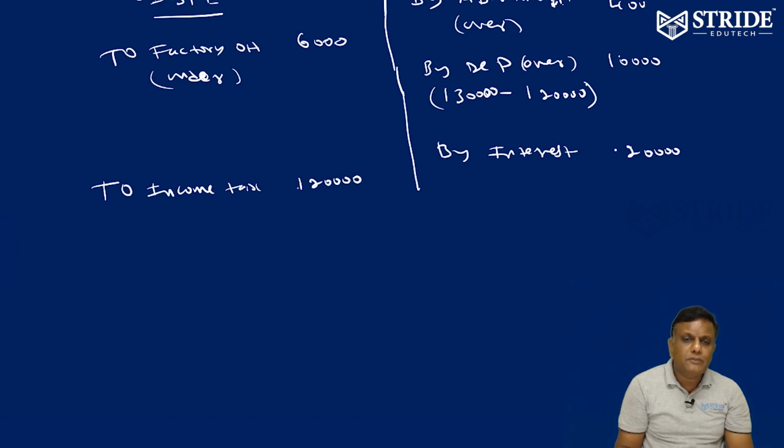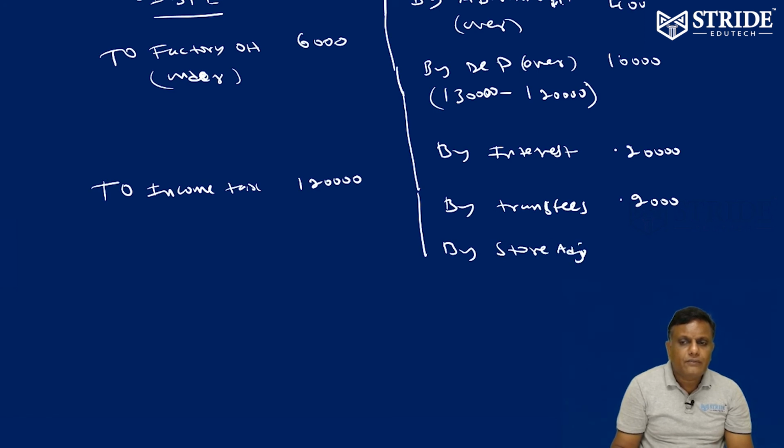For reconciliation purpose, purely financial expenditure. Transfer fees is purely financial income, 2,000. By a store adjustment, credit is given. Store adjustment credit in financial accounts 2,000. That is also financial income. That's it.